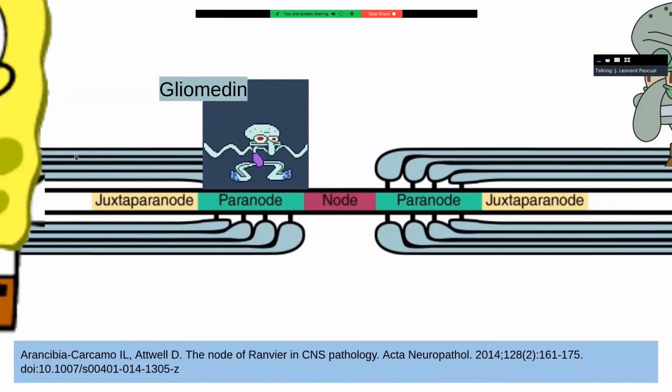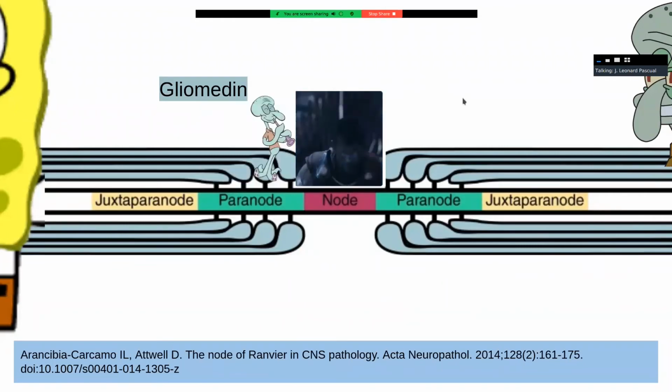So it's like the Schwann cell reaches out from the sides and says, this is where the node of Ranvier should be. And it stakes the territory here. So that's gliomidin. So it brings all those sodium channels here. It determines where the sodium channels should be placed here in the node of Ranvier.